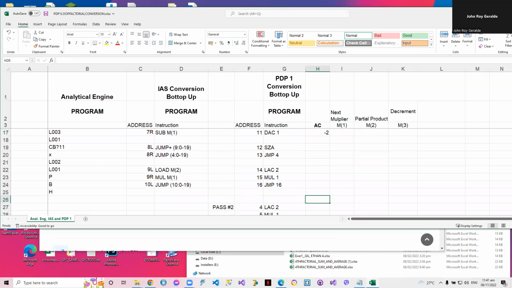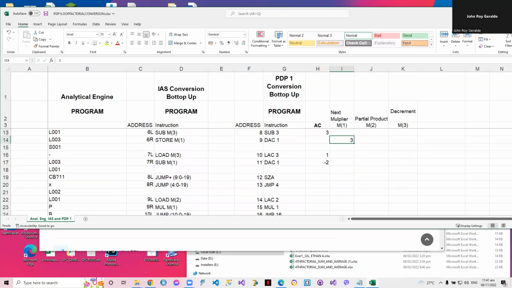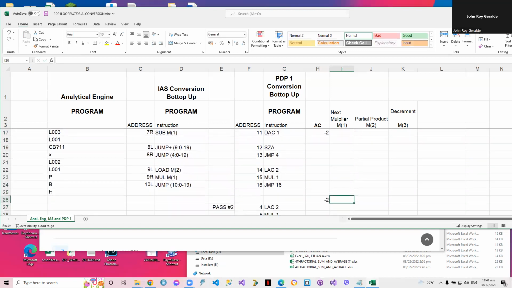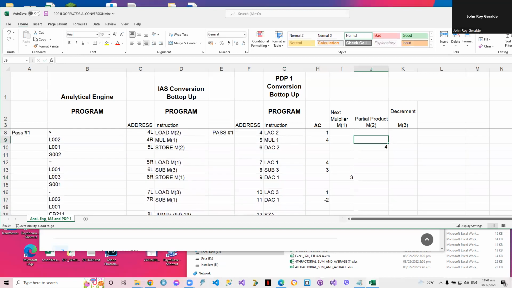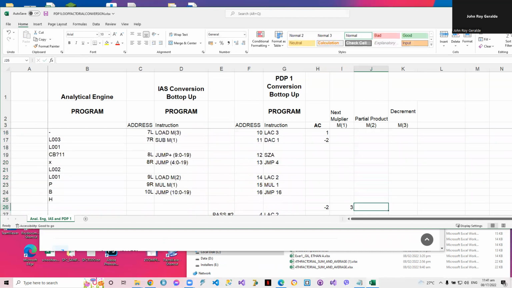The accumulator is negative 2. M1 is 3. And our partial product is 4. And our decrement, which is 1.